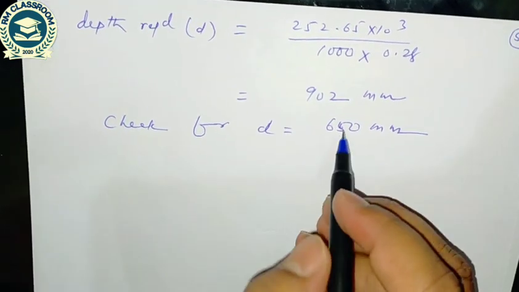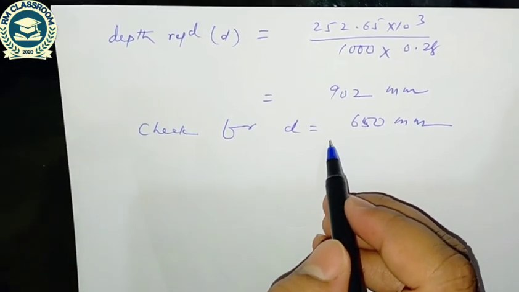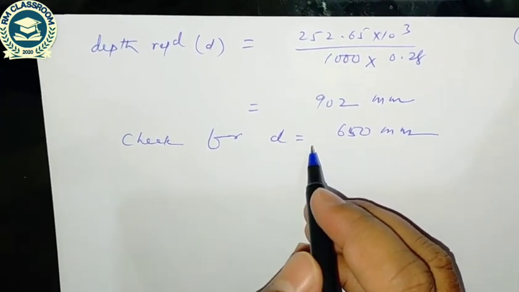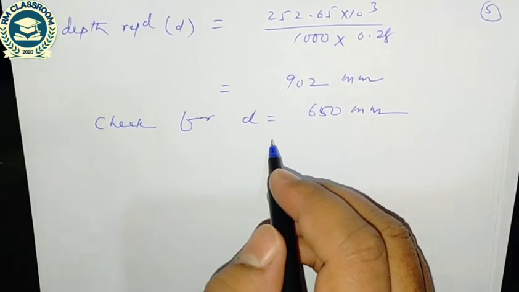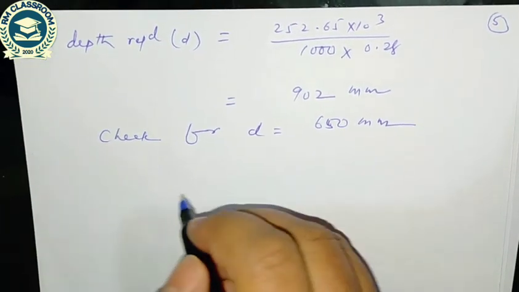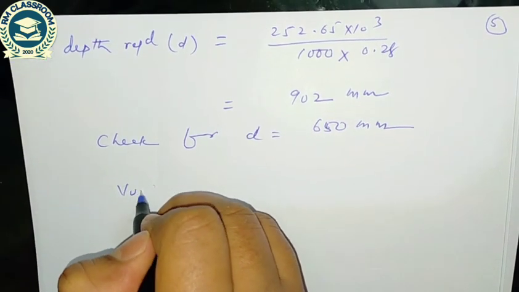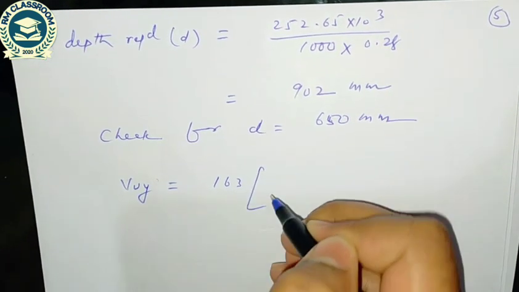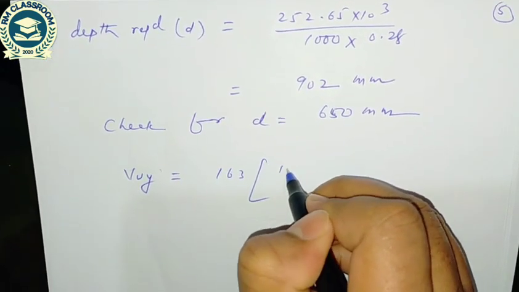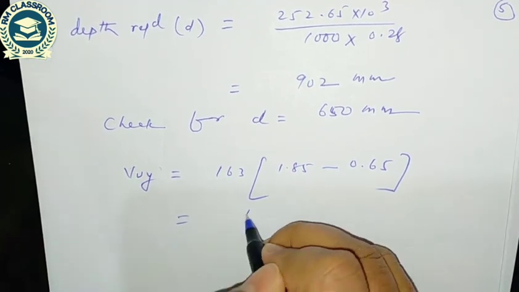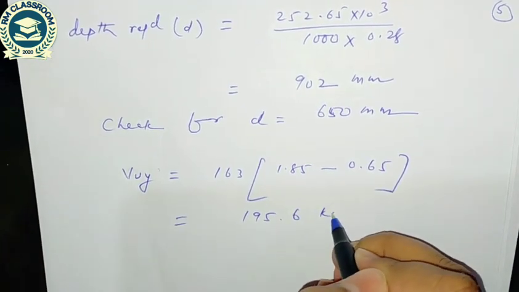So for d equal to 650 mm, Vu once again we have to compute: 163 into (1.85 minus 0.65), so it is 195.6 kilonewton.